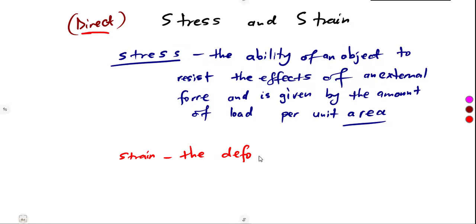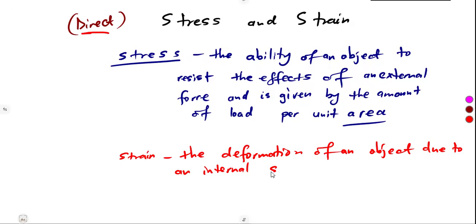So it is the deformation of an object. The deformation of an object due to an internal state. The internal state of stress. That is from the stress that we had.